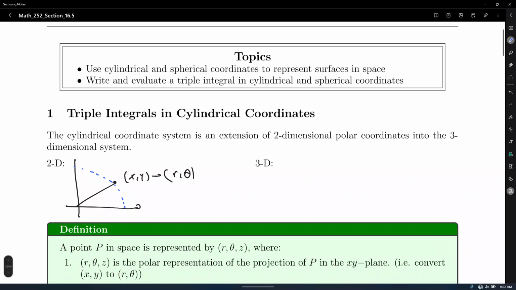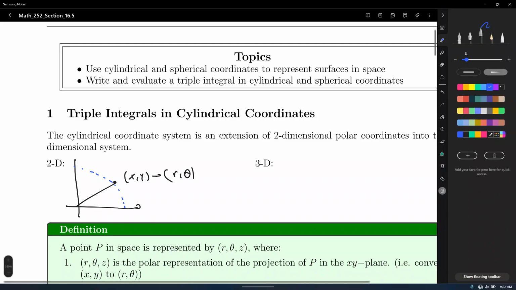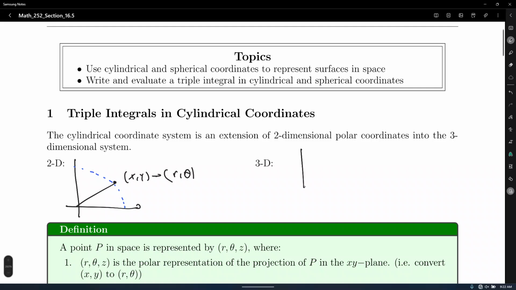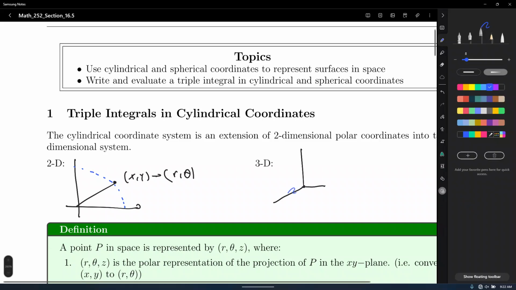Well, think about a circle in space. How does a circle in space look? That generates a cylinder, right? With a height z. Do you see this dashed circle right here? It's going to be the same dashed circle onto the xy plane. Let me do another one.